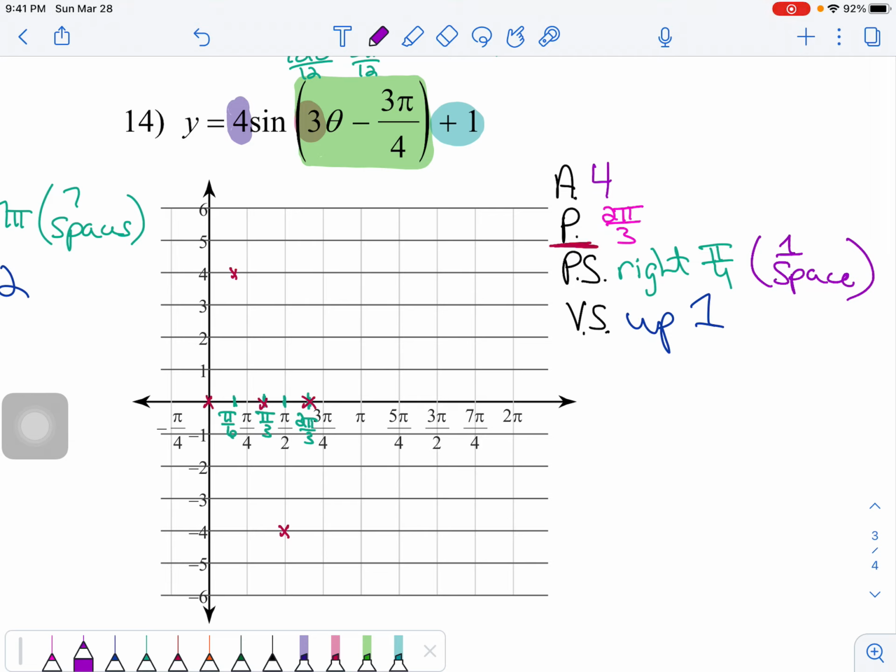Okay, so one space up, one space right. Not perfect, close enough for what we're working on.